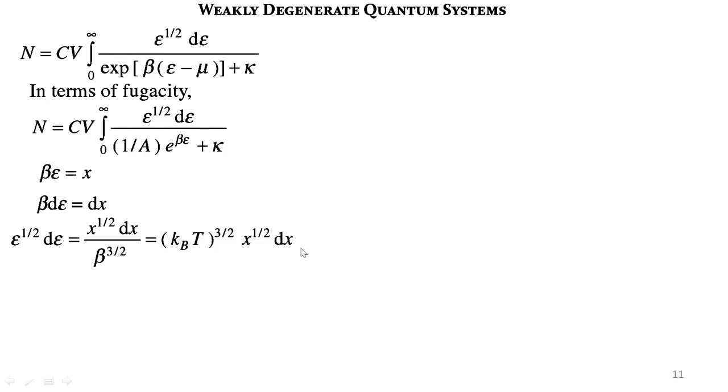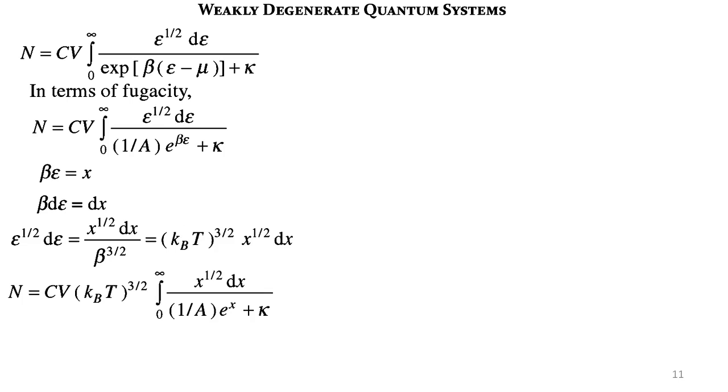If we substitute this new variable in this integration, then we can find N is equal to C into V, kBT raised to the power 3 by 2. This term comes from the numerator part, the integral from 0 to infinity. As E goes to 0, x goes to 0, and as E goes to infinity, x goes to infinity. So the limits of integration won't be changing.